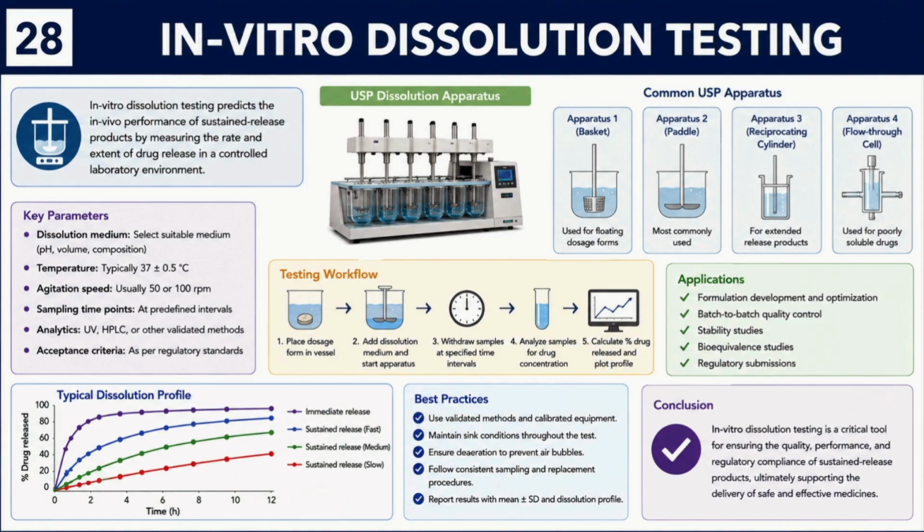So in vitro dissolution testing. Dissolution testing is central to sustained release dosage form development. The appropriate USP dissolution apparatus, medium, volume, temperature and agitation conditions are selected according to the formulation and product requirements, according to the IP specifications or USP, whatever it may be.